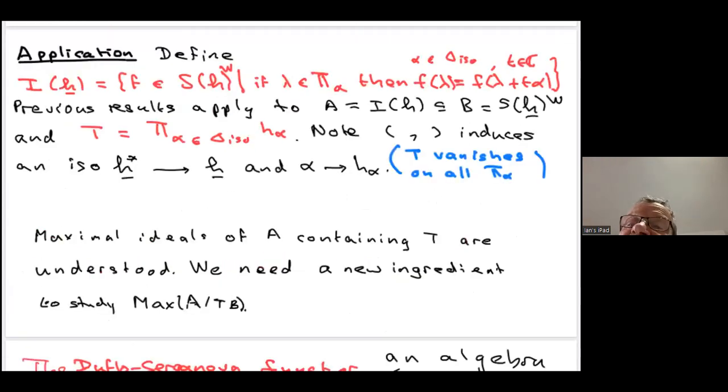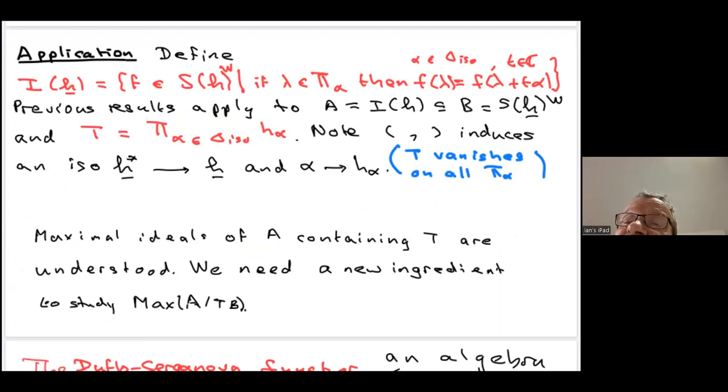So let's explain first how this applies. The ring I(H) is all invariant polynomials which are constant along certain hyperplanes. So if lambda is in Pi_alpha, and f(lambda) is equal to f(lambda + t alpha).